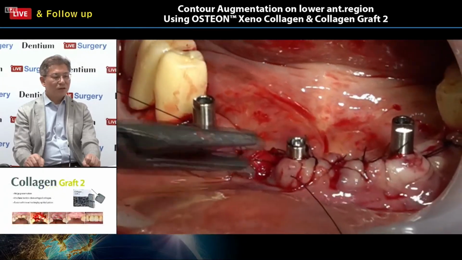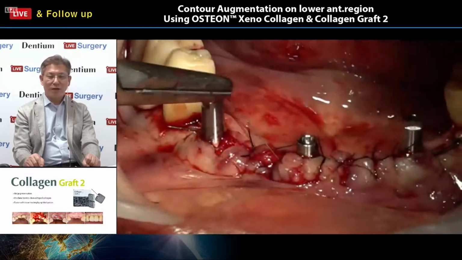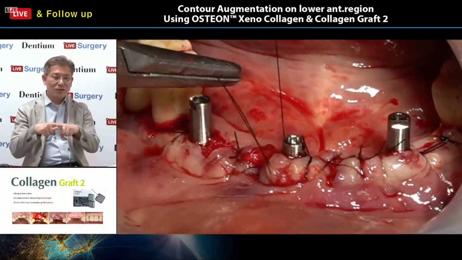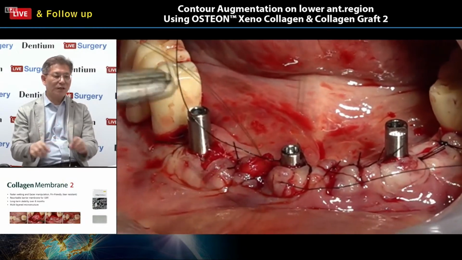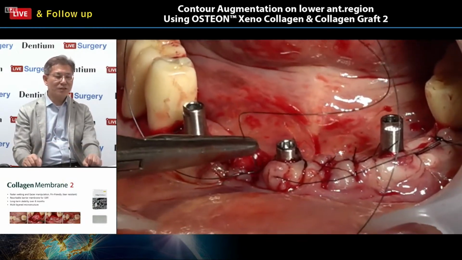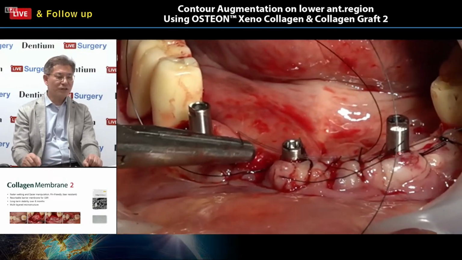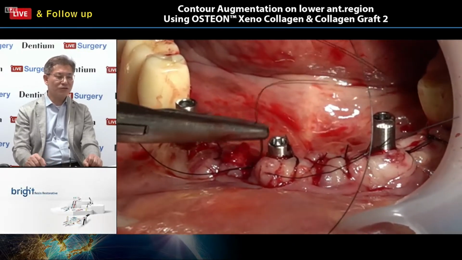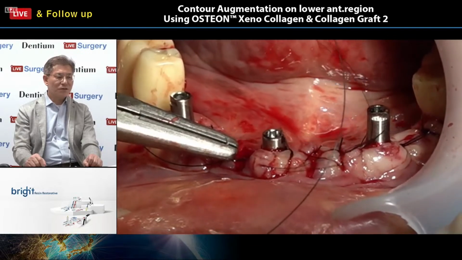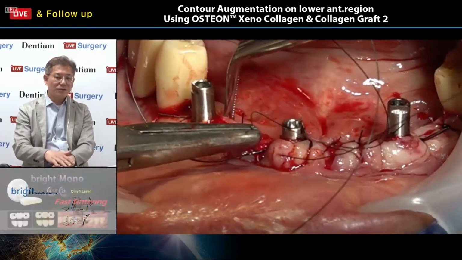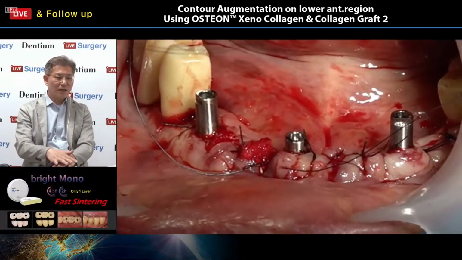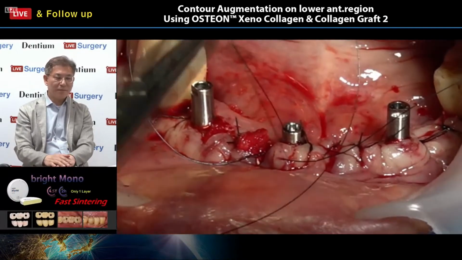As you know, the cross suture has two different ways. The first one is the external cross suture. The other one is the internal cross suture, right? The internal cross suture is another name for the hidden X suture. The internal cross suture presses the underlying graft materials, like this collagen graft.